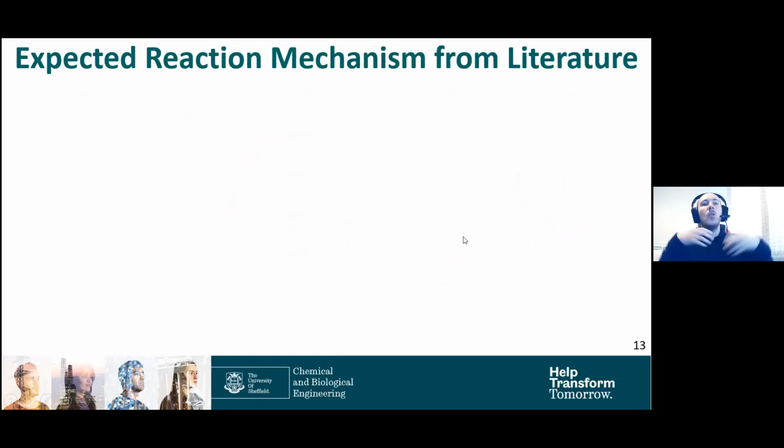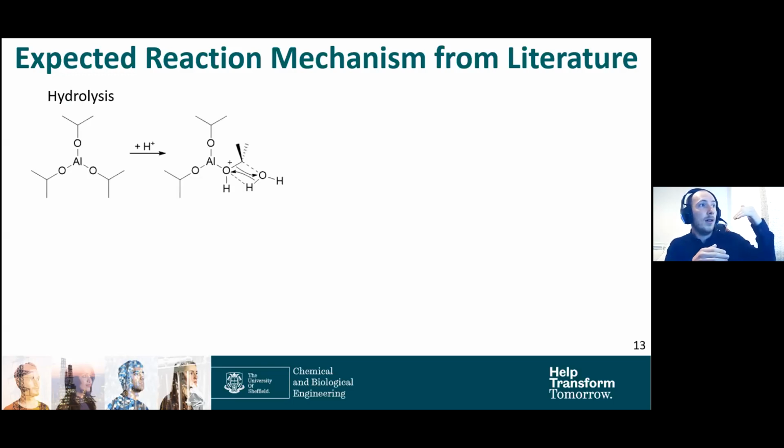So normally in the literature for aerosol-assisted sol-gel synthesis, they assume the reaction mechanism based on the bulk observations. And the assumption would be that they would get the hydrolysis first for the aluminium isopropoxide, where there would be an acidified isopropoxide group that would undergo a conjugated addition-elimination reaction with water.